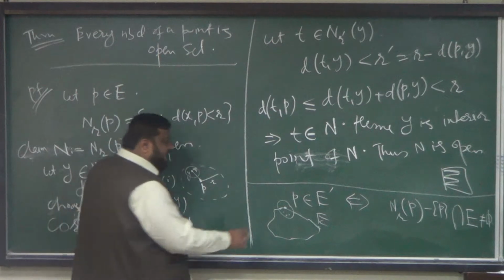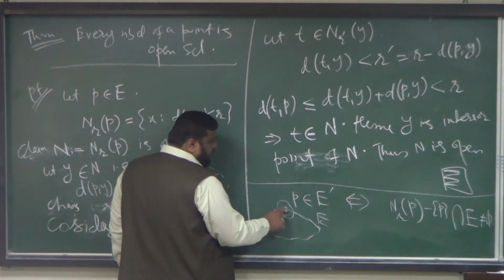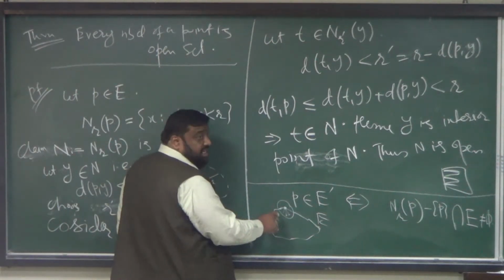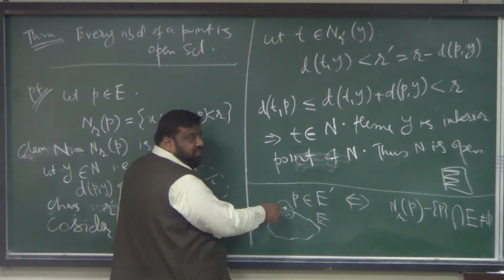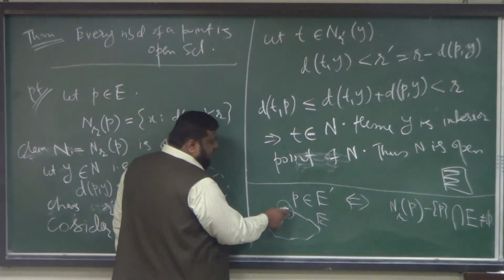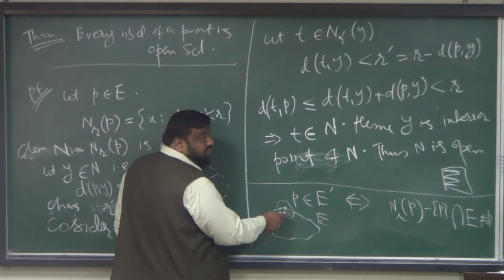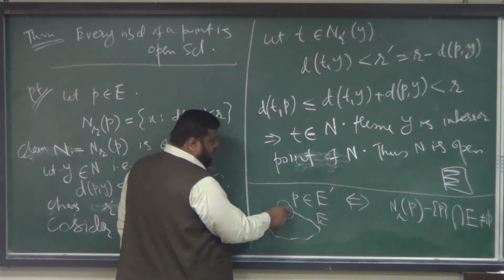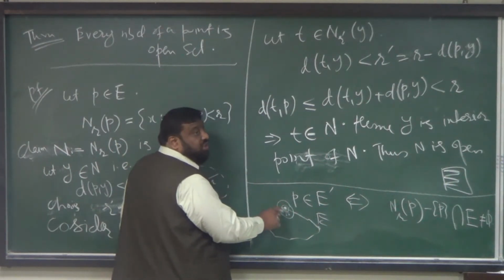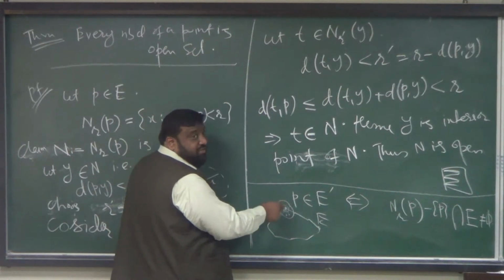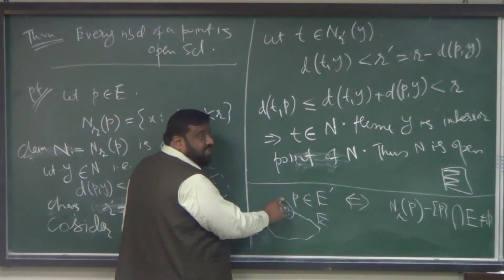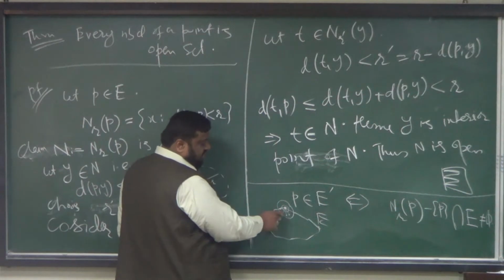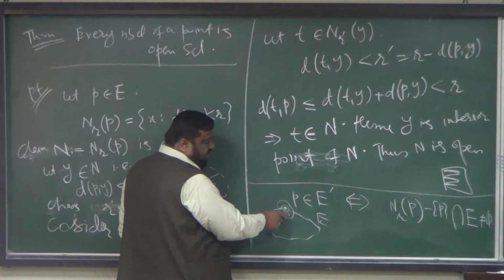So in other words, if I take this point and compute the distance between this and this and this, and I take the minimum of these 3 distances, and I draw a radius which is smaller than this minimum, this neighborhood is not going to contain these 3 points.